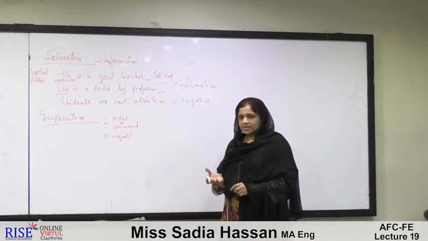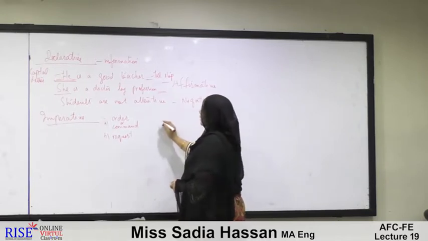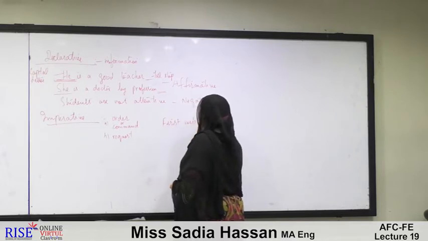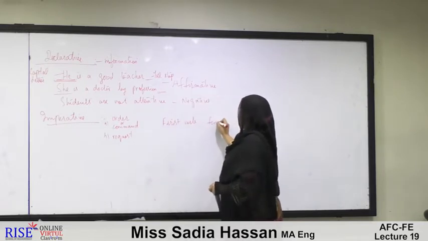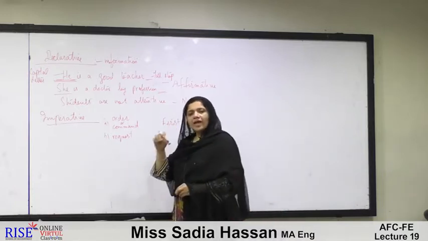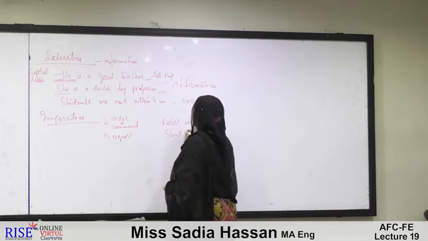What is the structure of an imperative sentence? An imperative sentence always begins with the first verb form. The subject is always missing in imperative sentences. It starts with the first verb form.